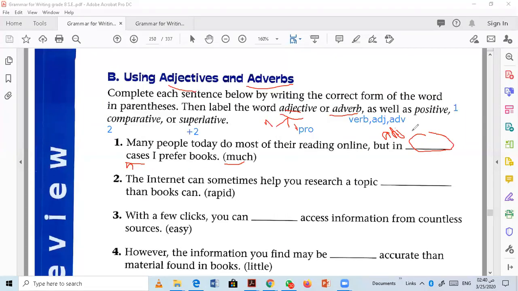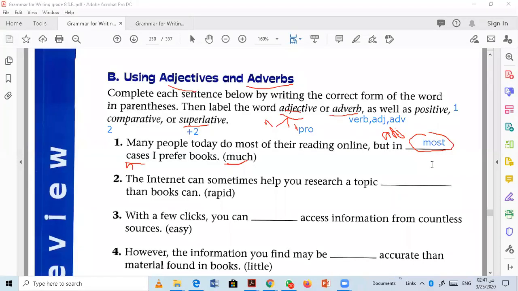What's the adjective type? The word much. In the positive, it's much. In the comparative, it's more. In the superlative, it's most. So here, what will I write here? Many people today do most of their readings online, but in most cases, I prefer books.